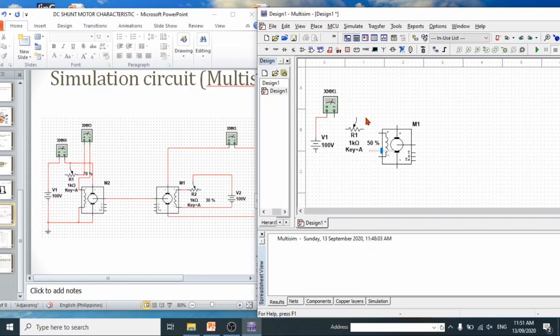Then you notice the positioning of the potentiometer. Look at the position of the arrow. You can right click the potentiometer and then flip horizontally.